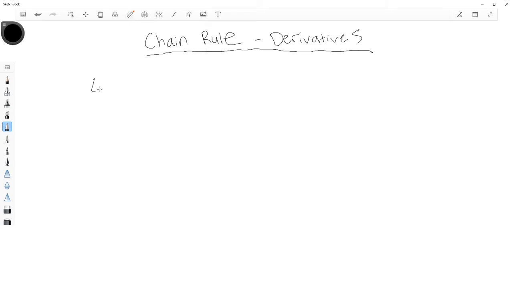Now I'll go into another example. Say we have this equation. Now, in the past videos, I've shown you how to take the derivative of something like that, but obviously it's a composition of functions, so we would have to take the derivative of the inside as well, and that's different from just x squared.